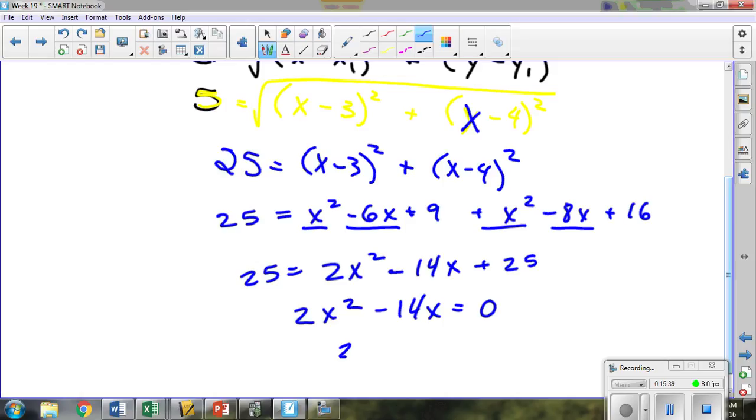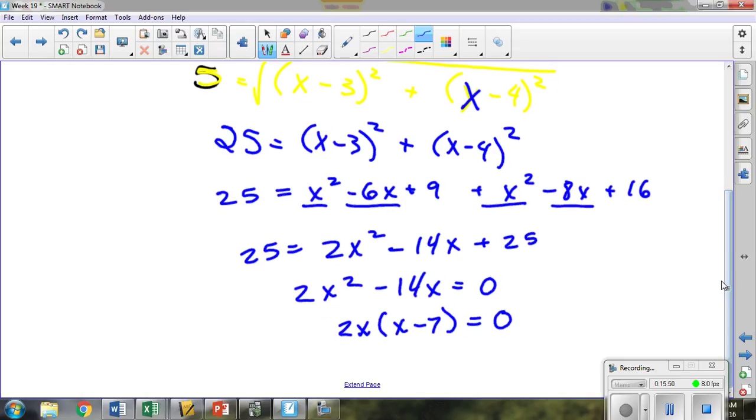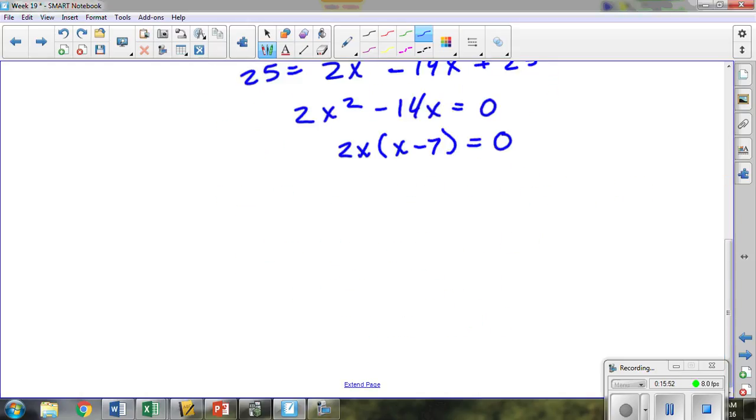If we factored out a 2x, x minus 7 is left behind. Employing the zero product rule gives us 2x equals 0 or x minus 7 equals 0.